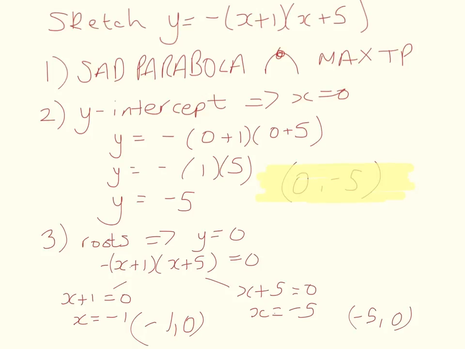So far I've got 3 of my 4 important points. I've got my root, (-1, 0), I've got a root at (-5, 0), and it goes across the y-axis. The y-intercept is at (0, -5). What we need to do now is find the axis of symmetry.